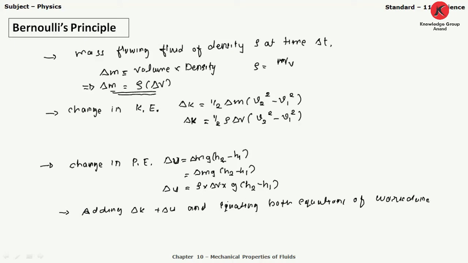So here we can write (P1 minus P2) into delta V.